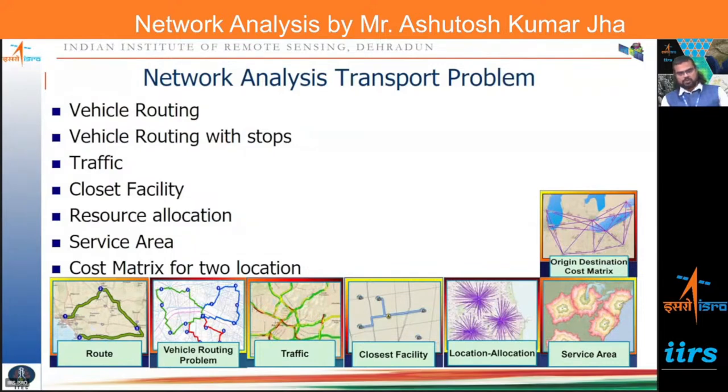Then you also have resource allocation. You have multiple resources, and you would like to know the catchment area of each location. That gives an idea about a particular service system. It also tells you, in general, the expected and average time to serve a whole area.